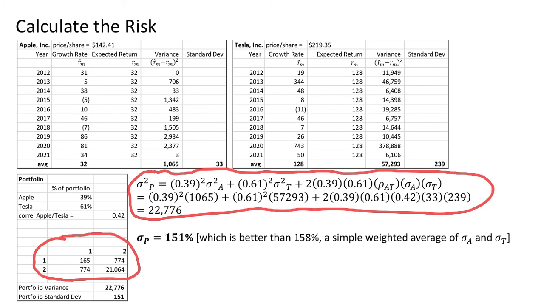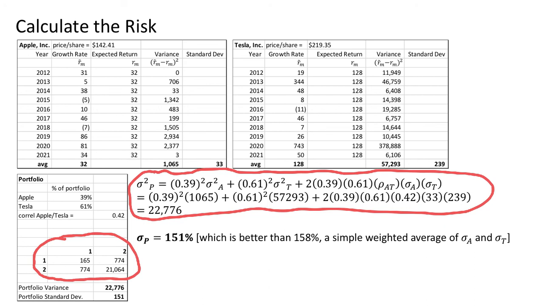Then there are the covariance numbers, which are not on the main diagonal. Those are 774 and 774. They will always be mirror images of themselves about the diagonal. How do we calculate that? Well, first of all, there are two stocks, so if you look at the equation for variance of the portfolio and skip all the way to the end, there is the number 2 for two stocks.